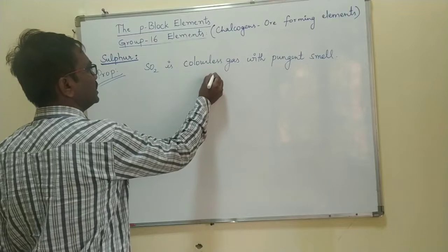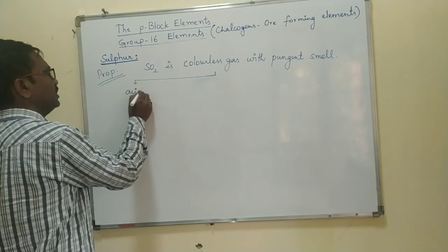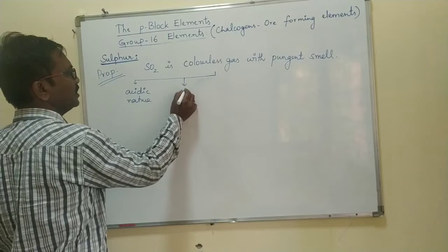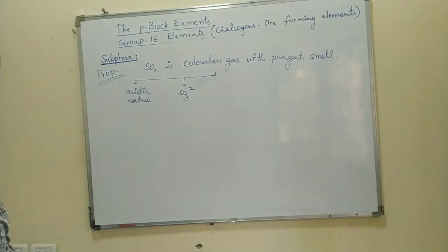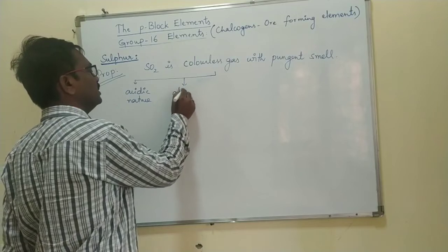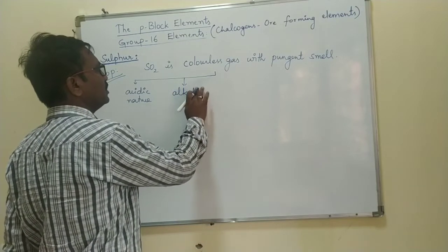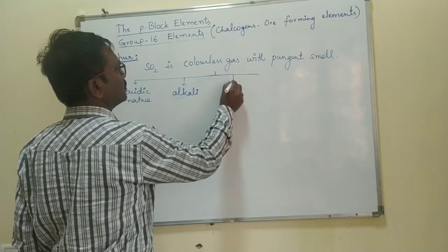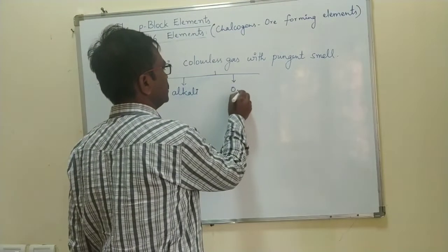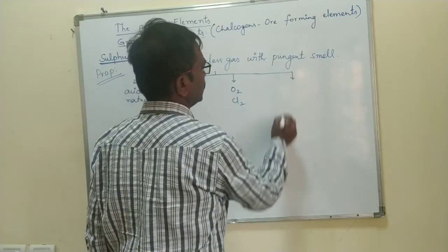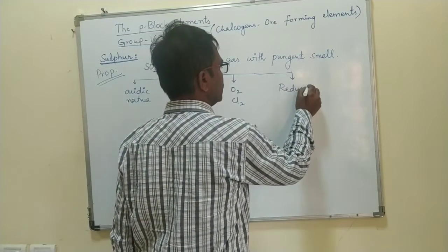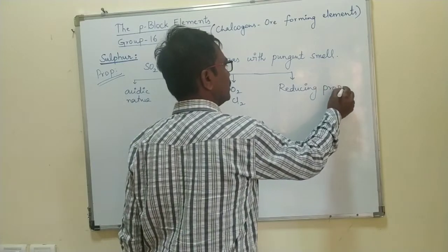First one, acidic nature, right? Acidic nature, reaction with alkali, reaction with oxygen and chlorine elements, and reducing property, right?